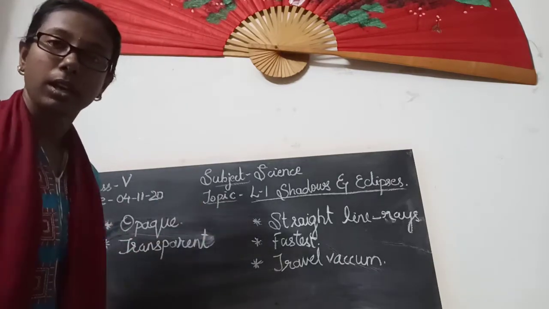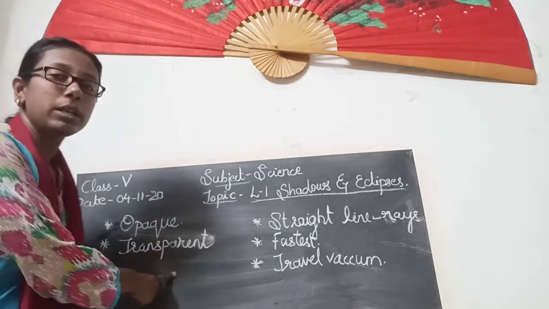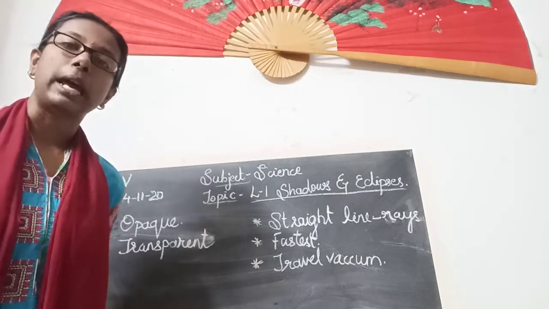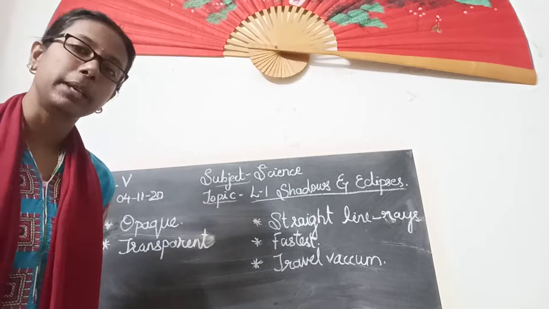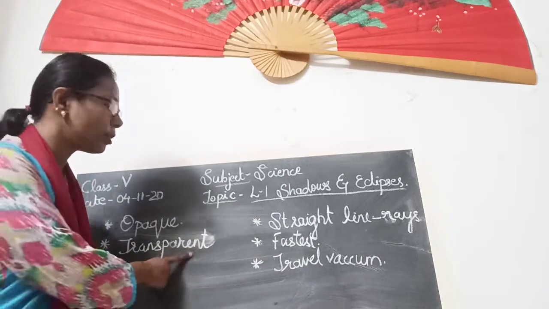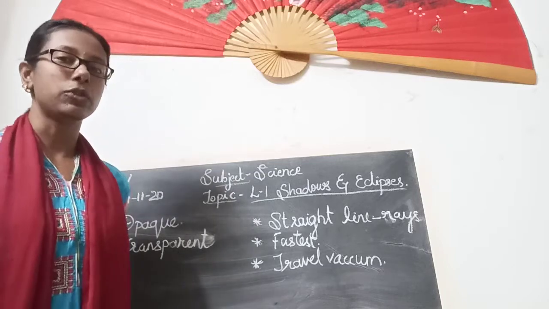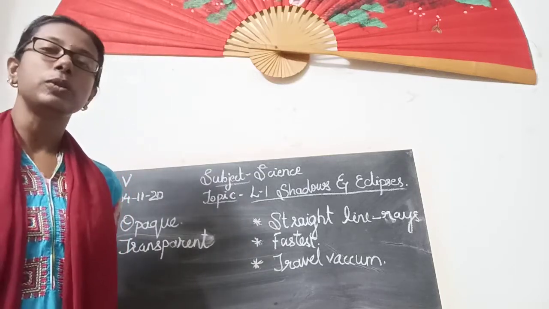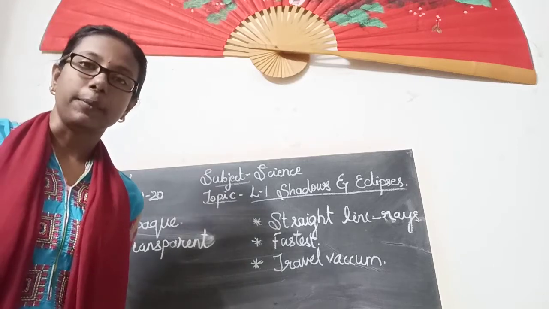Sorry, let me correct myself. Transparent objects are those objects which will allow the light to pass through them completely. Earlier I said a little amount of light. No, not a little amount of light, it will allow the light to pass through it completely. And that is why sometimes you say, I can see through this, correct?